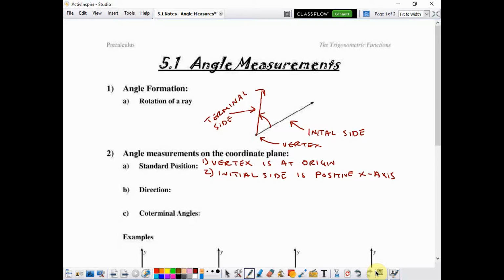The direction of an angle: first, counterclockwise is a positive angle.